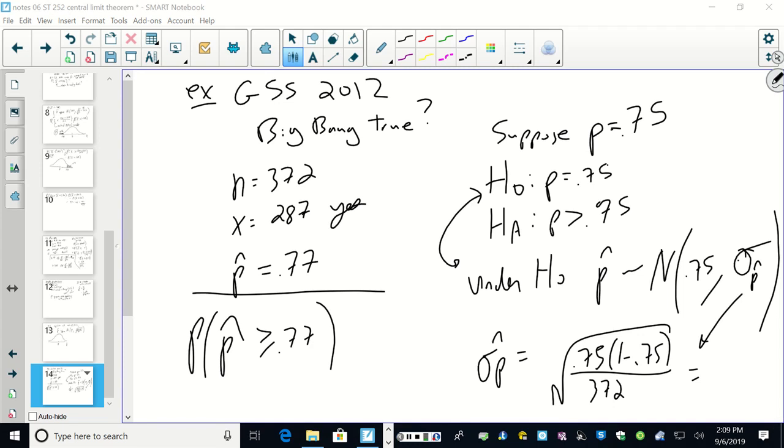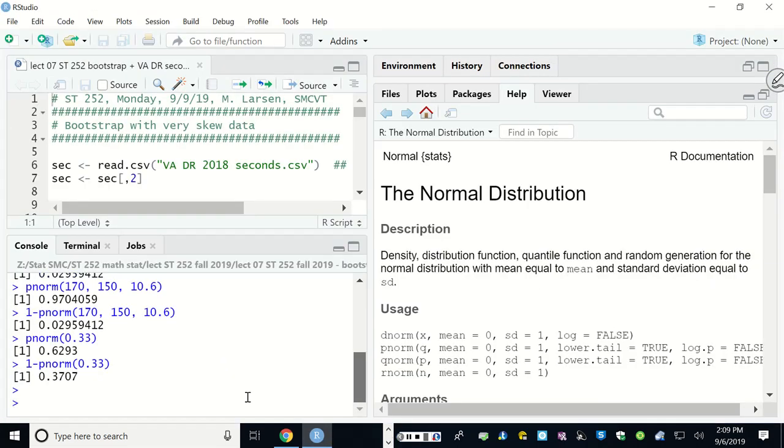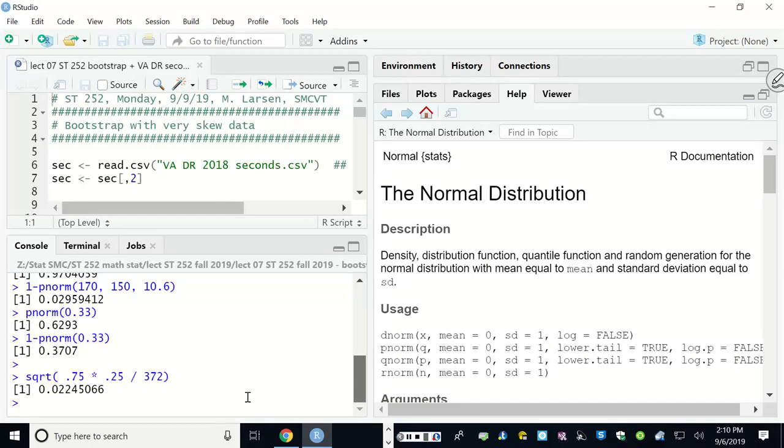So we can calculate that in R. Let's do it in steps. So the square root of 0.75 times 0.25 divided by our sample size, 372. So 0.0224, 225.